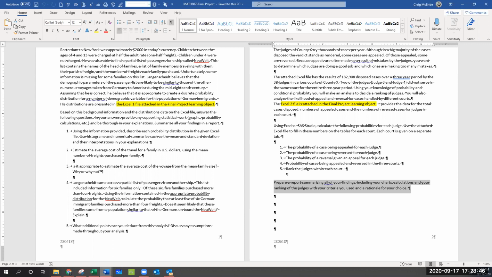So that's what part 4 is. But the first 3 is information on each judge: the probability of any time they rule, it being appealed, and then any time they rule, it being reversed, and then any time they rule and it's been appealed, what's the probability that it then goes on and becomes reversed, right? So those are the 3 probabilities you're calculating for the judges.